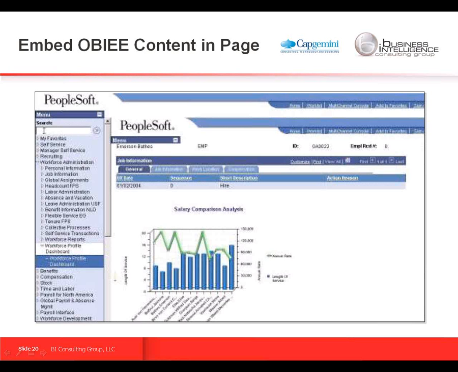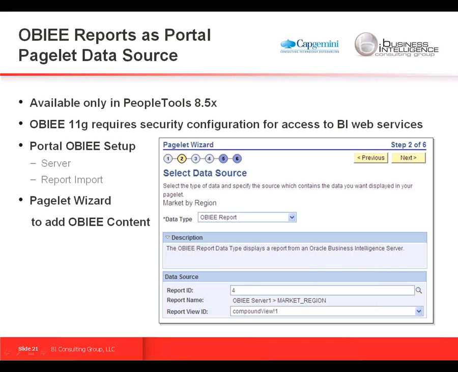And the final option for getting OBIEE content into PeopleSoft is the PeopleTools 8.5 portal. There, PeopleSoft has delivered essentially a framework that allows us to get reports in and use those reports as a data source for the Pagelet Wizard.